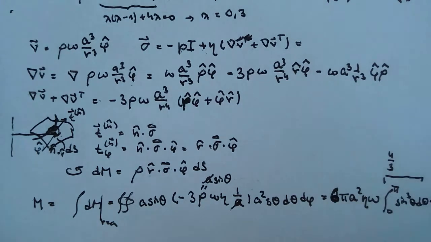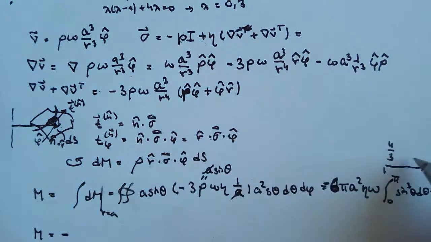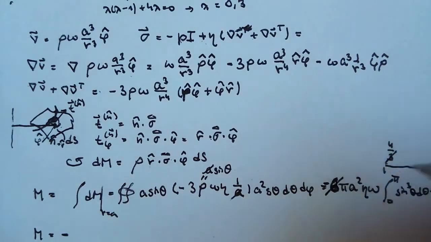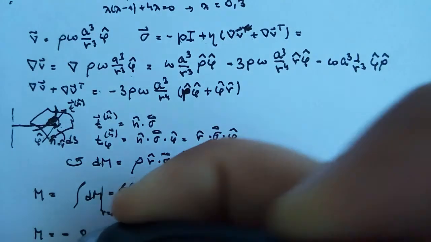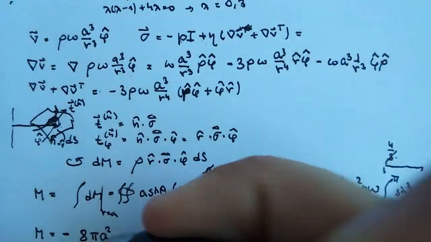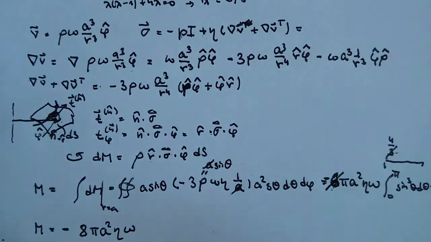And this is going to be our moment, which is minus 4/3 times 6, there is 6 and there is 3, so it's 2 times 4 is 8, so we will get the final result that the moment is 8 times pi a squared eta omega a.